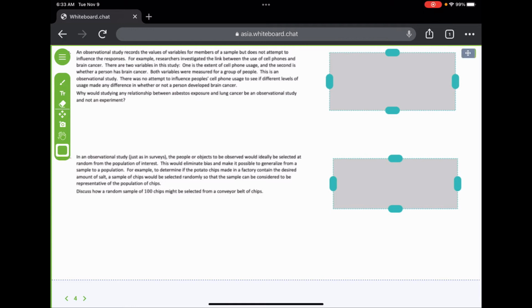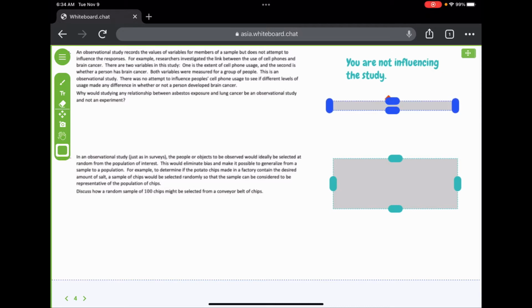Well, you're not influencing the study. That's how. All you're doing is making the observation about the exposure and lung cancer. You're not making people be exposed to asbestos, okay? And you're not giving people lung cancer. You're not doing any of those types of things. You're not influencing the study, okay?